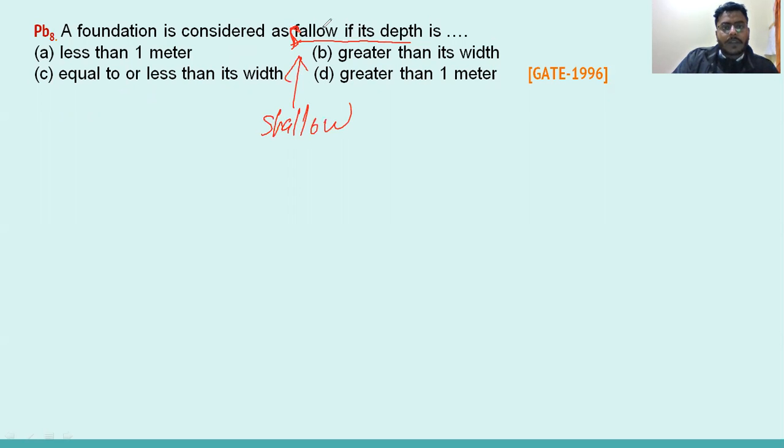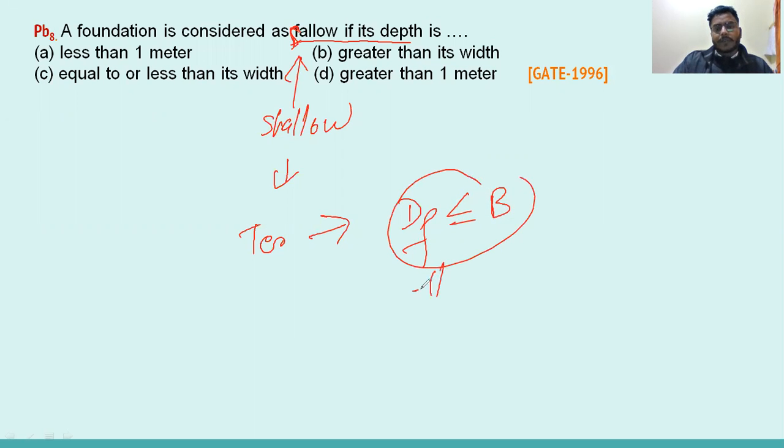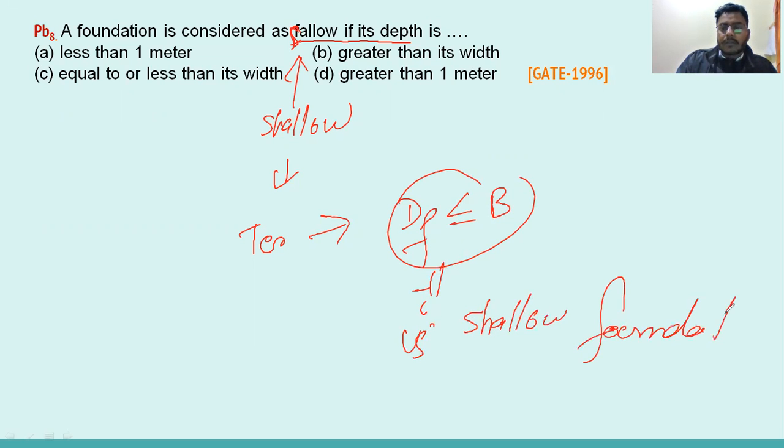Okay, so according to Terzaghi, when the depth of foundation is equal to or less than the width of foundation, then we call it a shallow foundation. So you can see the C option is correct: it is equal to or less than its width. It is a very easy question.